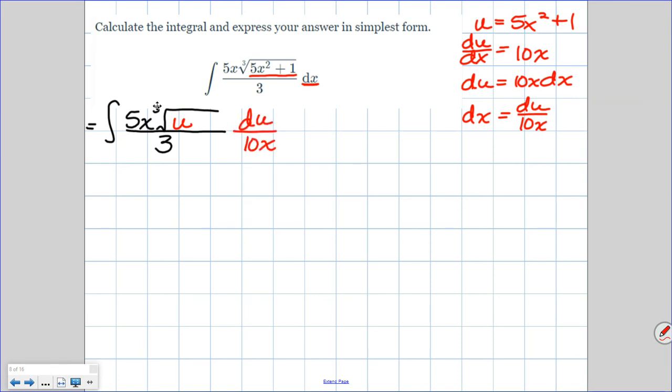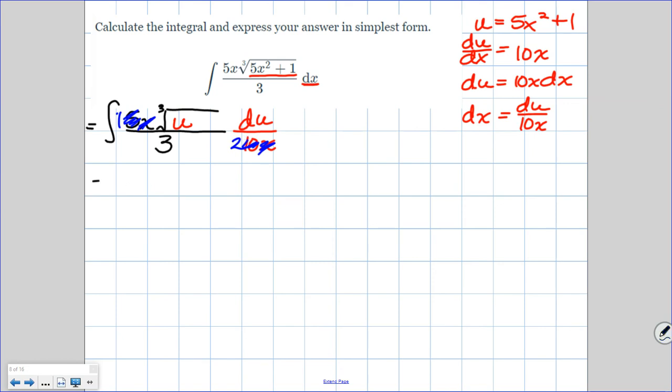And I need to be careful here because that 3 is not 5x cubed. That is a cubed root. So I want to make sure that 3 is really close there. Now take a look at this. This x over the x, I can divide out those x's. And also 5 divided by 10 is 1/2. So I can go ahead and reduce that to 1/2.